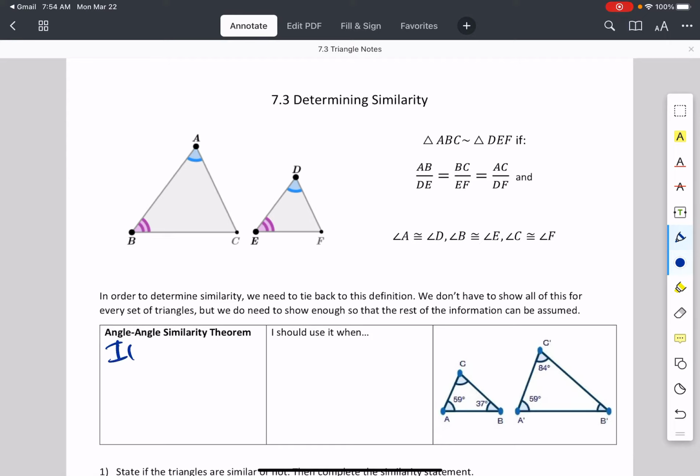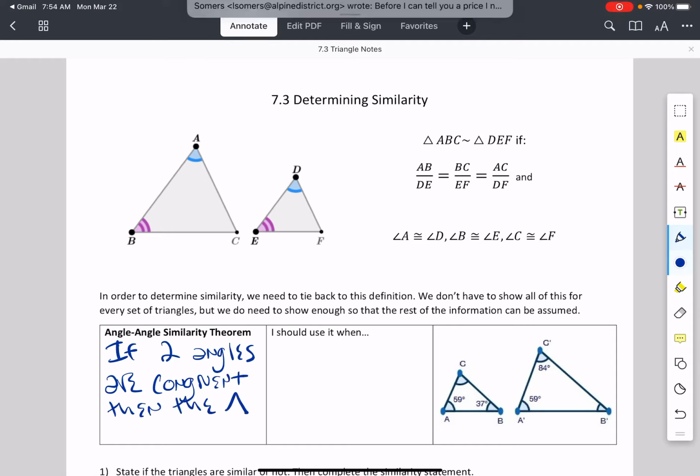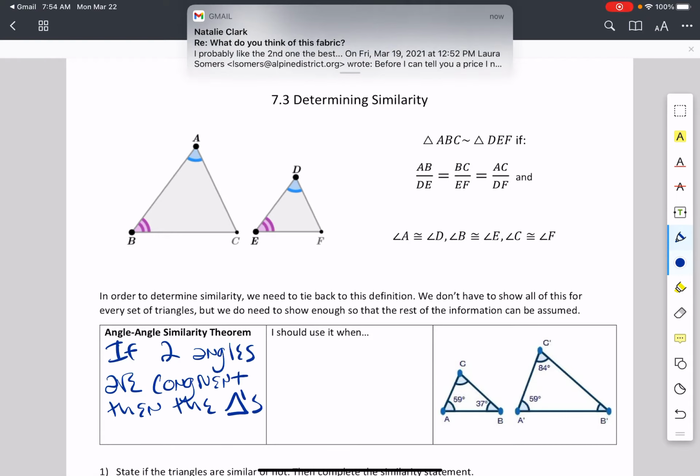If 2 angles are congruent, here, I'll write the word out. If 2 angles are congruent, then the triangles are similar.